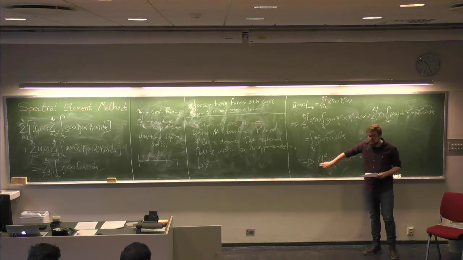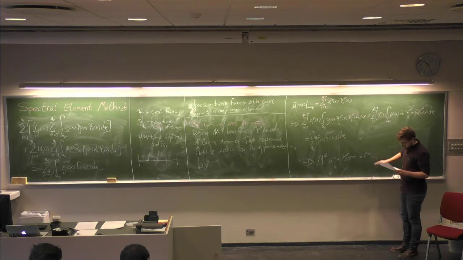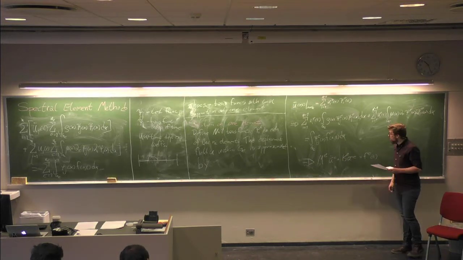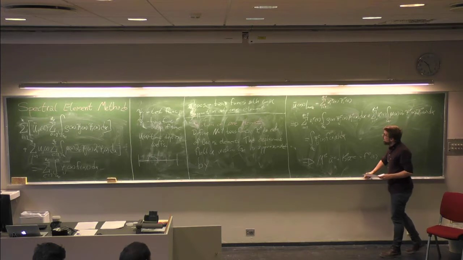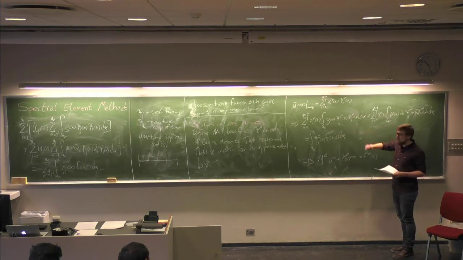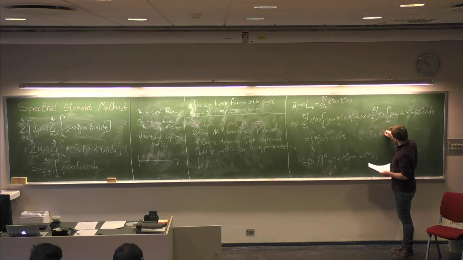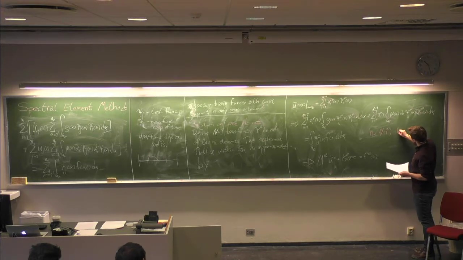So, the local mass matrix, the local stiffness matrix, and the local source term vector, I guess we can call it. And then this is done for each of the basis elements. That means that in total, here we're using N plus 1 on this element, and we have NE elements. Each of them has the same number of basis functions. Total basis functions.